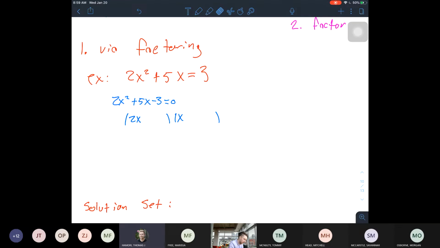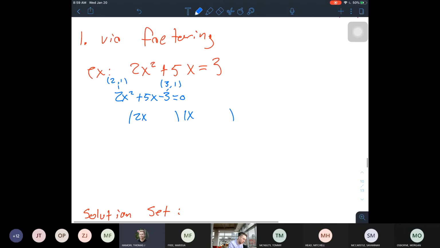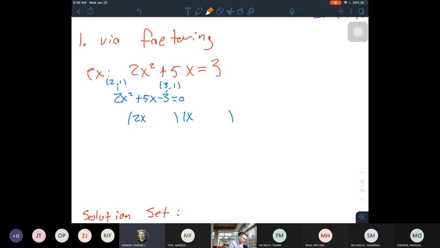And I've got 3 here, which factors as 3 and 1, and I've got 2 here, which factors as 2 and 1. If you want to do this without grouping, look at these two expressions, 3 and 1 and 2 and 1, and think about how you can multiply either 2 times 3 and 1 times 1, or 2 times 1 and 3 times 1, in order to get plus 5.